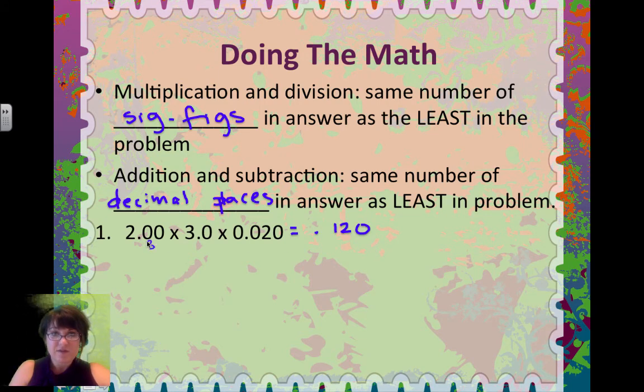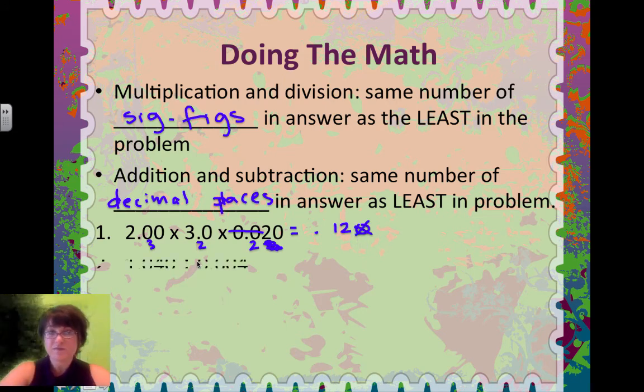I have 3 here, 2 in this number, and 3 in this number, right? No, 2. Jeez, messing up. 2 sig figs in this number because I crossed these out on the Pacific side. Yep, 2 sig figs. So my answer is restricted to 2 sig figs. I don't get to keep that one. So far, so good?